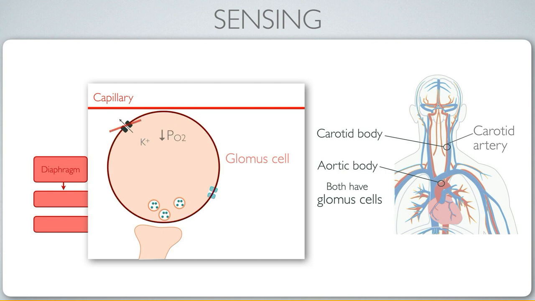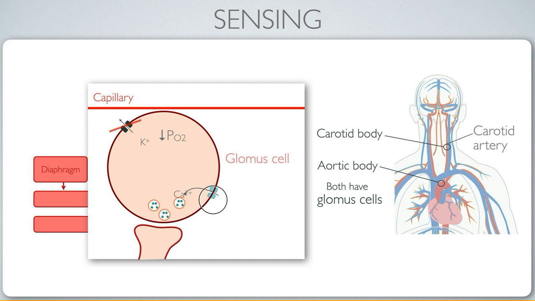So if we reduce potassium permeability, that will depolarize the membrane. That in turn triggers a calcium voltage-gated channel, which in turn activates the release of a neurotransmitter. Okay, so this is similar to what we see on a presynaptic axon at a chemical synapse.